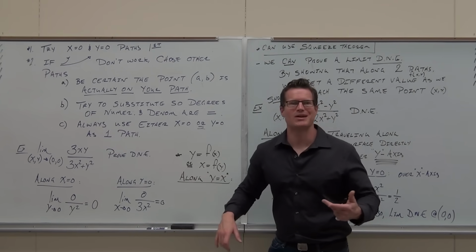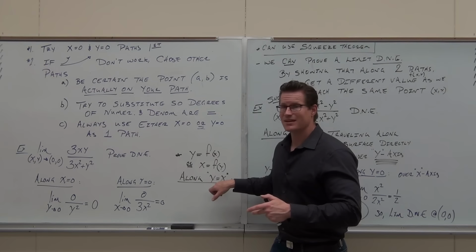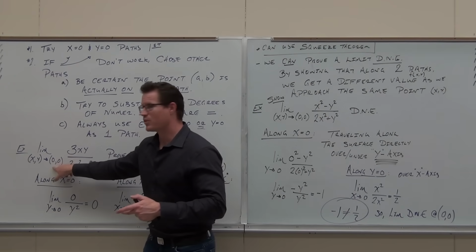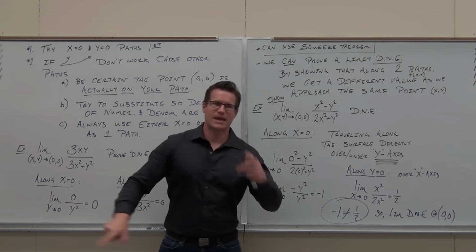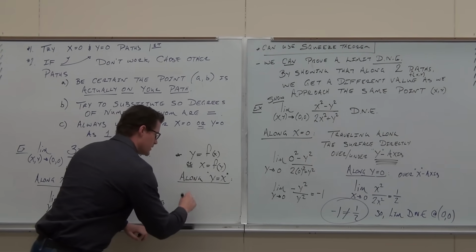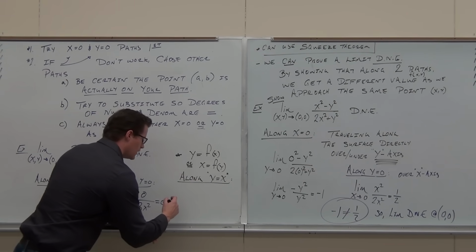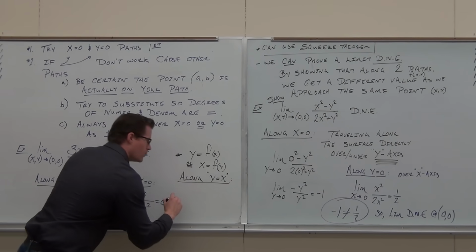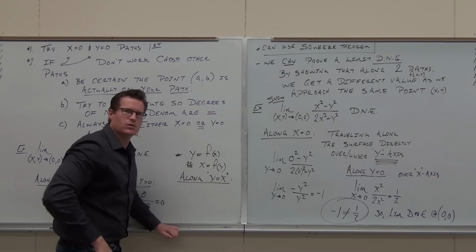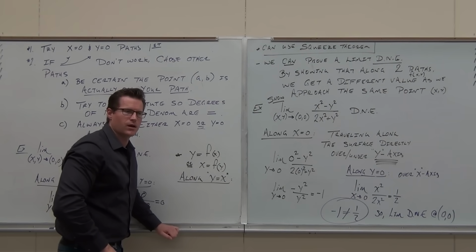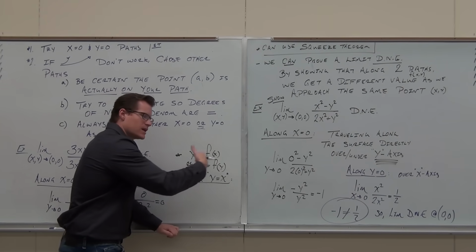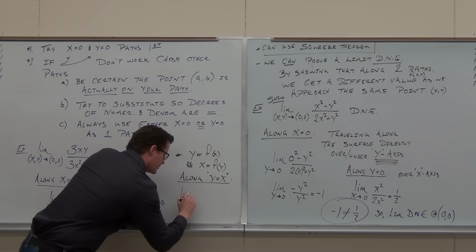Yeah, well, okay, we call lines curves. Does it go through that point? Yes. Can you make a substitution? If you did, you go, okay, well, what's the only variable remaining now? If I let y equal x, I have a limit.